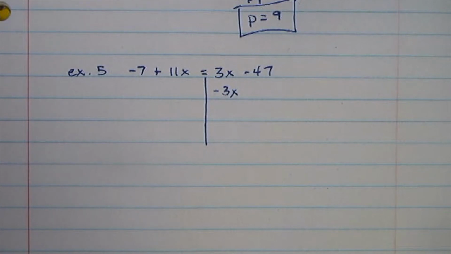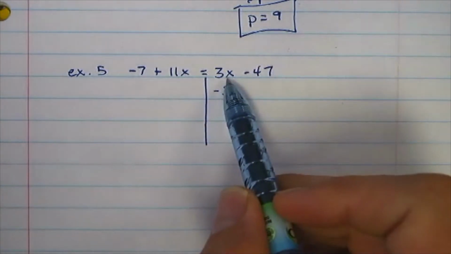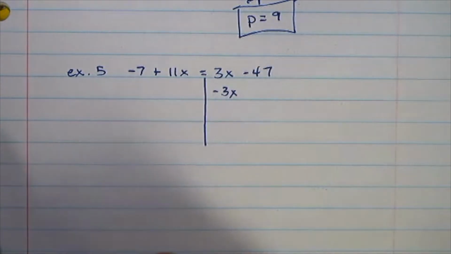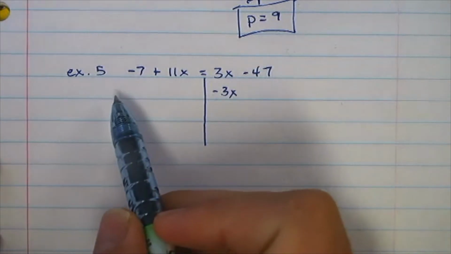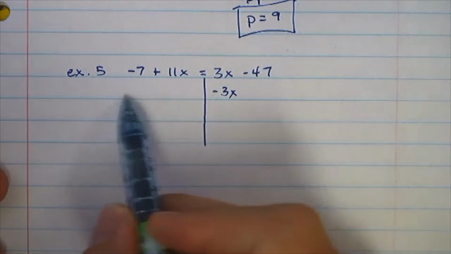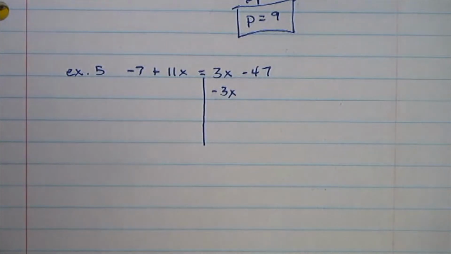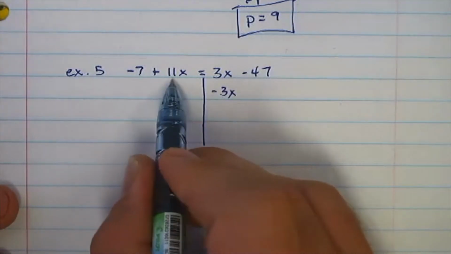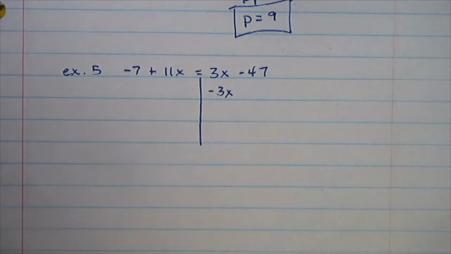So just like we would do with the numbers in a two-step problem, we're going to do the same thing. If I have 3x's over here and I want to get rid of them, well, I take 3x's away. But to keep things balanced, I need to do the same thing on the other side. Now you have to decide, where can I take 3x's away from on the left side? If there is a term, so 11x, then you just take it away from that one.